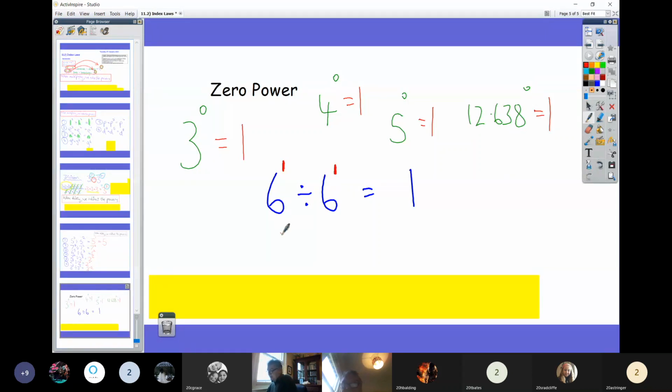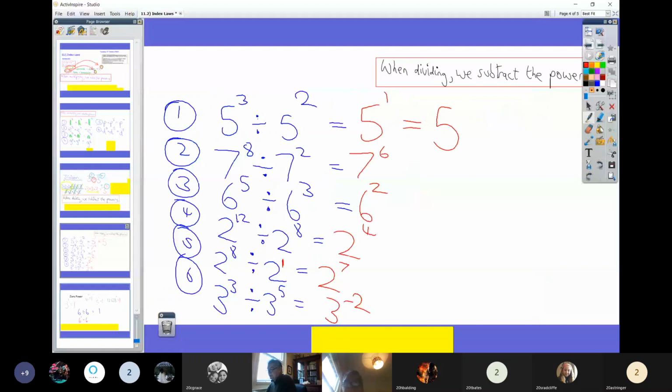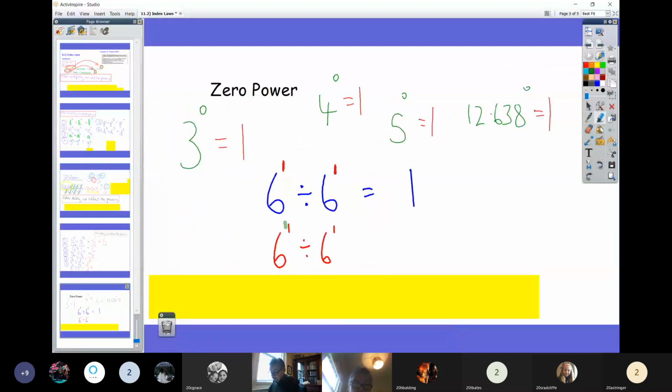Now what did we just say on the previous page? We were saying whenever you divide, you subtract the powers. So let's subtract the powers here. So we're going to do 1 take away 1, which is going to give us 0. So I'm saying that 6 to the power of 1 divided by 6 to the power of 1 is 6 to the power of 0.